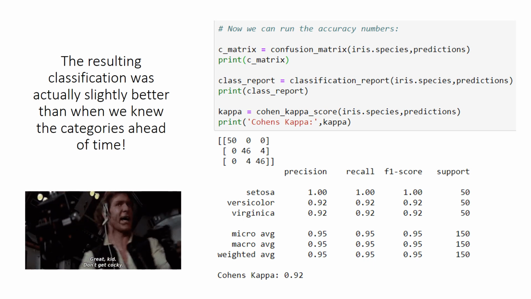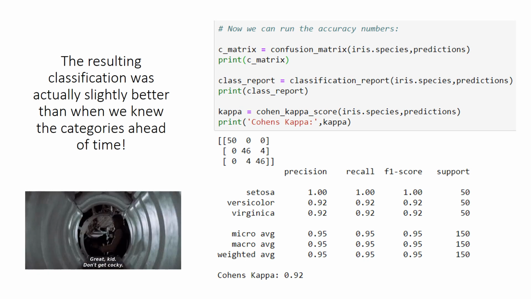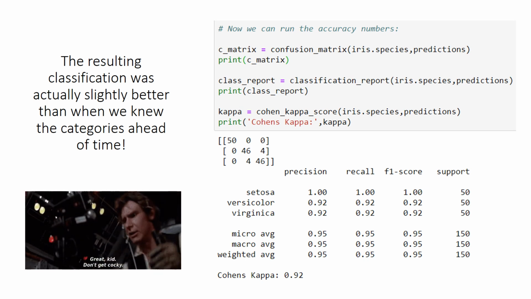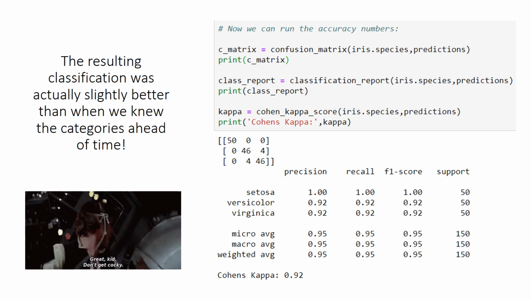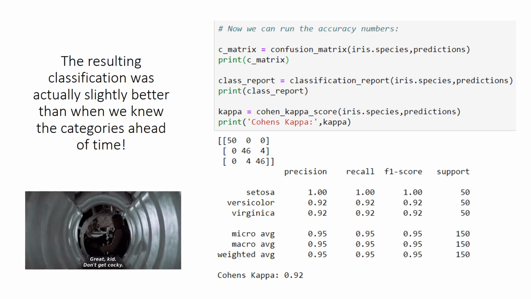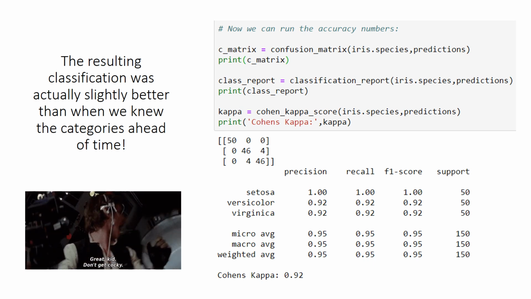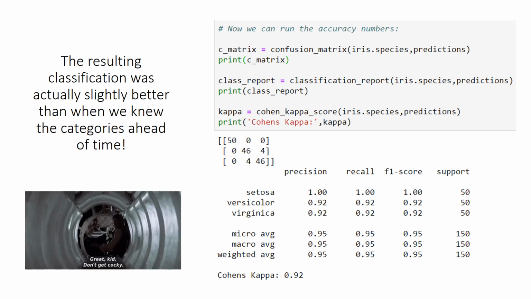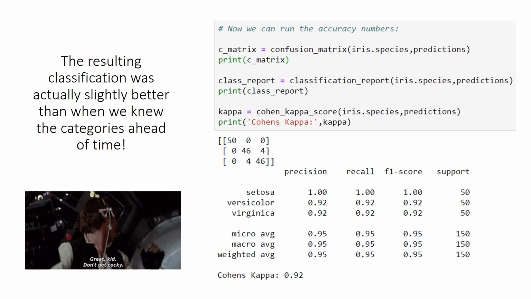For Virginica and Versicolor, we correctly predicted 46 out of those with just these 2 columns, and we misallocated 4 of them either way for Virginica and Versicolor. So the results here, you can see the precision, recall, and F1s for those individual values, and then Cohen's kappa for this whole thing ended up at 0.92.